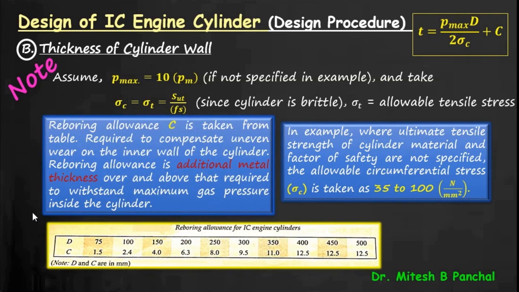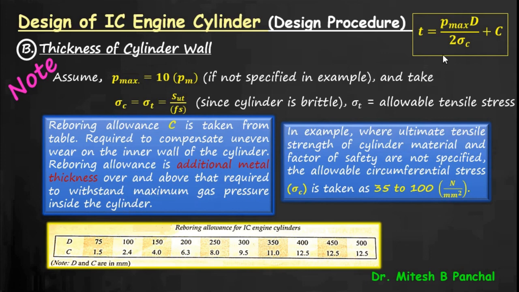Okay. Now what is reboring allowance actually? So the reboring allowance C is taken from the table, that is the given data, which is required to compensate the uneven wear on the inner wall of the cylinder, and reboring allowance is the additional metal thickness over and above the required thickness to withstand the maximum gas pressure inside the cylinder.